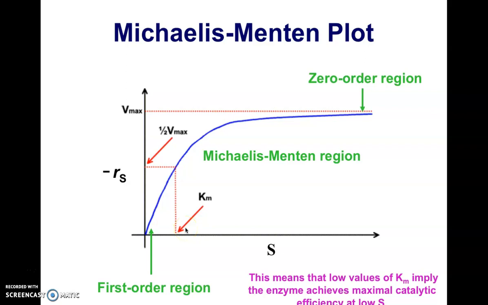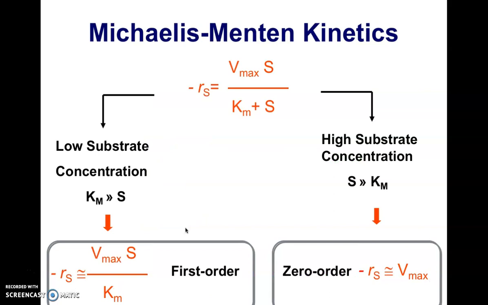Besides determining the Vmax and Km from the graph, we can convert it into a linear equation like the one used in your textbook. This is just some elaboration on the Michaelis-Menten kinetics.